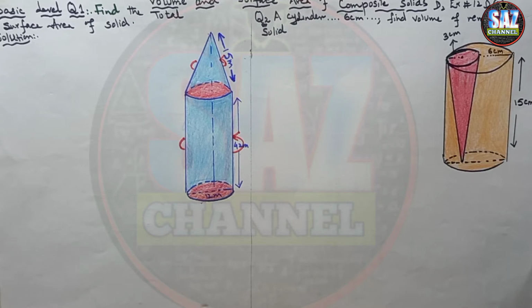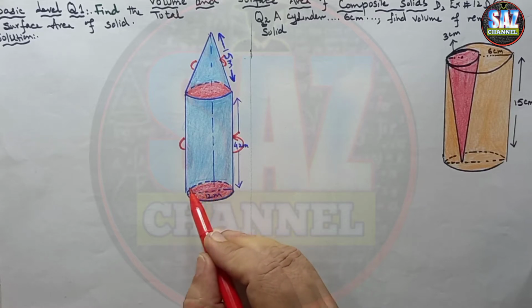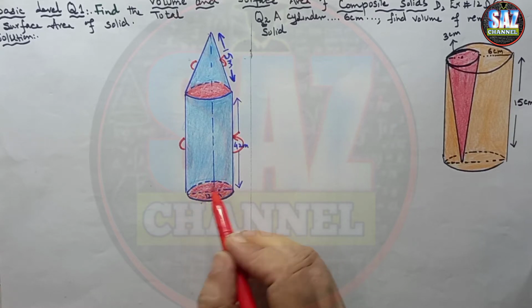For the better understanding of this question, the second important thing is that you should have a clear idea about the formulas of the surface area of cylinder and the cone. If we recall the previous lessons, the base of a cylinder is a circle.